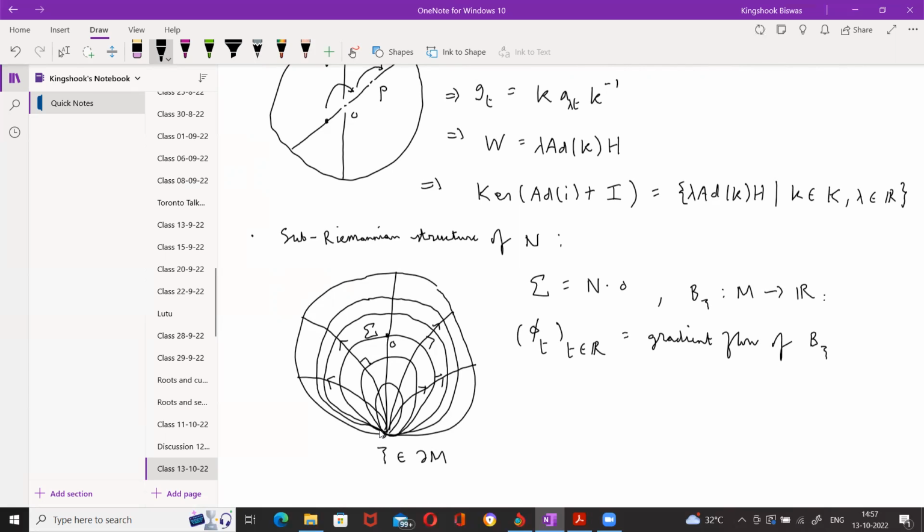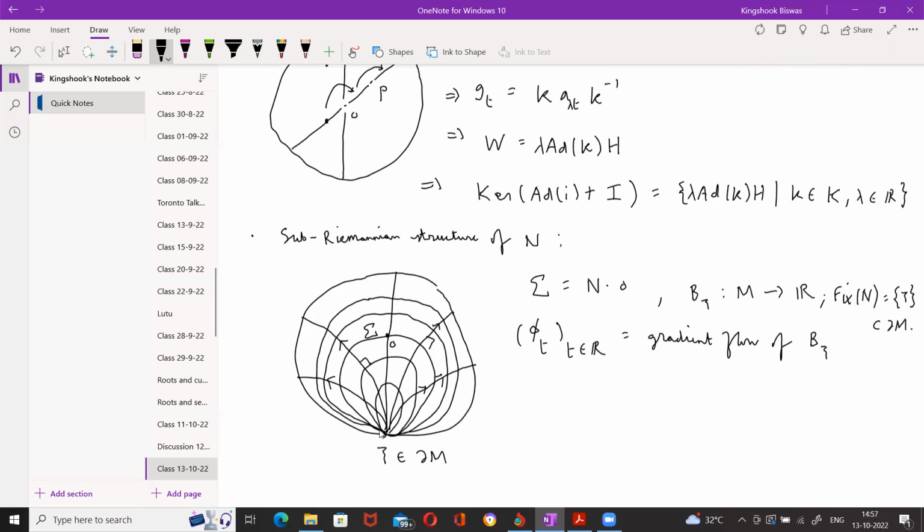This xi is equal to the fixed point set of the group N. The fixed point set of N is this singleton xi in the boundary. And phi t is the gradient flow, so the gradient flow moves along these geodesics.